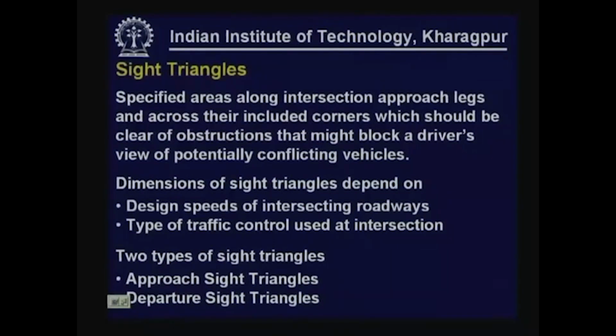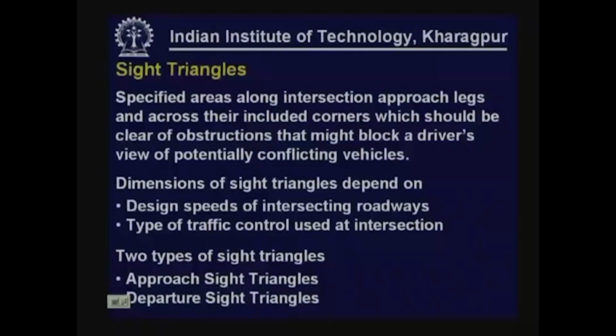That means, when a vehicle is approaching an intersection, it is that triangular area near the corner which should be free from all kinds of obstructions that might block the view, the line of sight.